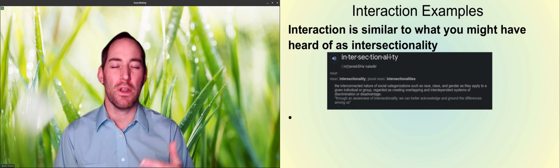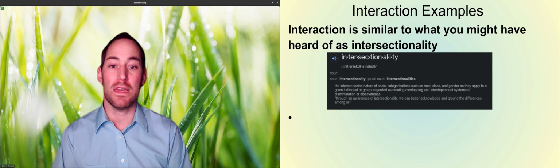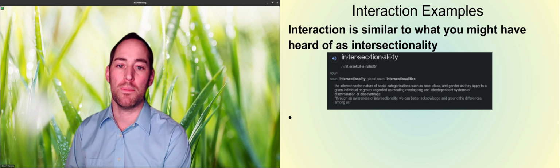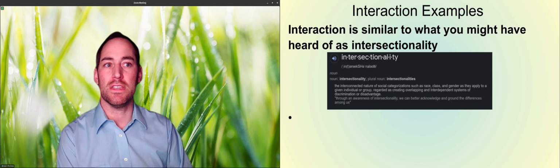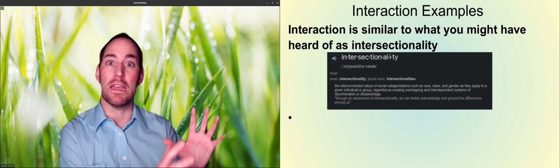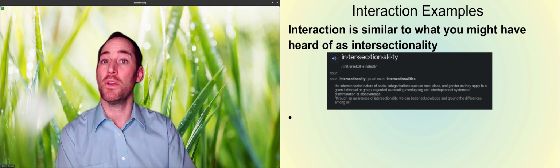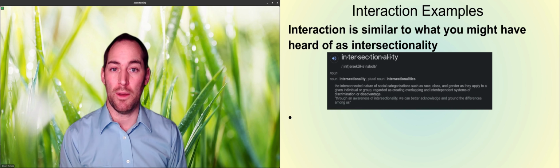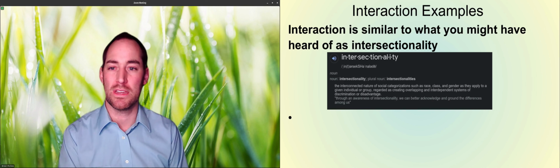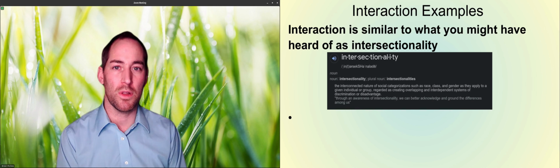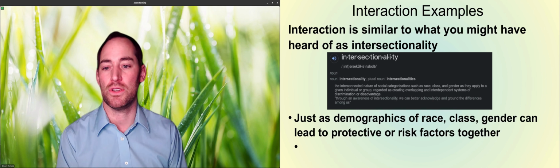Hopefully you're understanding that most things like discrimination and disadvantage are caused not just by one cause, but by multiple causes together, some of those causes adding on to the terrible things leading to disadvantage, or some things might be protective factors as well. Intersectionality is maybe a term you've heard of that's really similar to what we're talking about in relation to interaction.